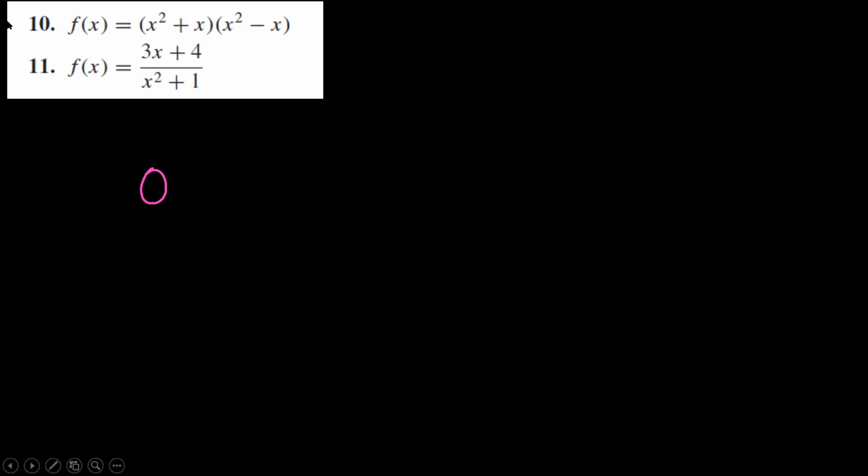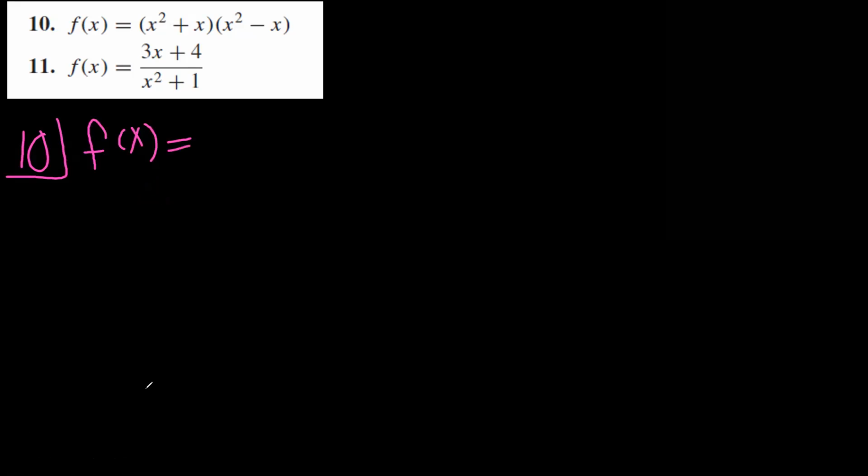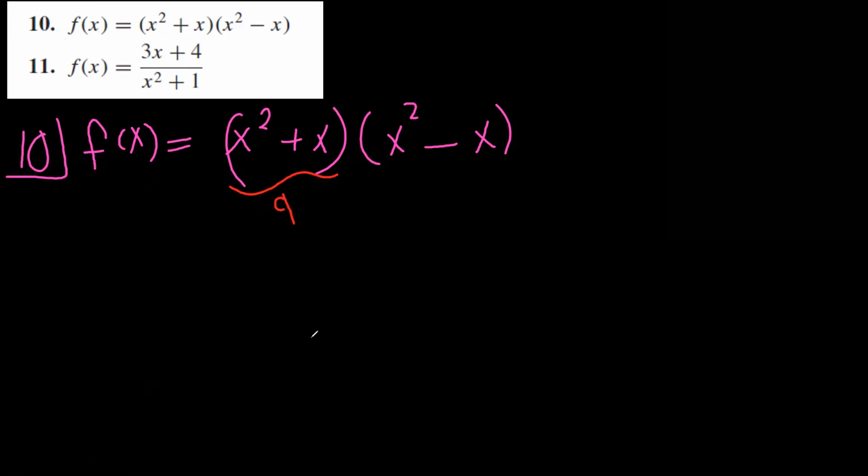Let's do number 10. In number 10, here we have two functions, and these two functions are multiplied. So what did we say? We say f of x is first x squared plus x times x squared minus x. Then the second step, we will name each function g and h.